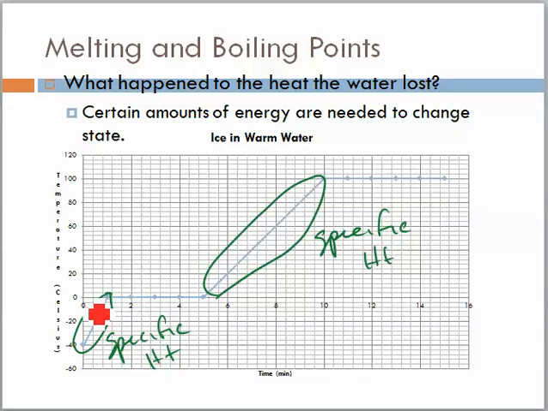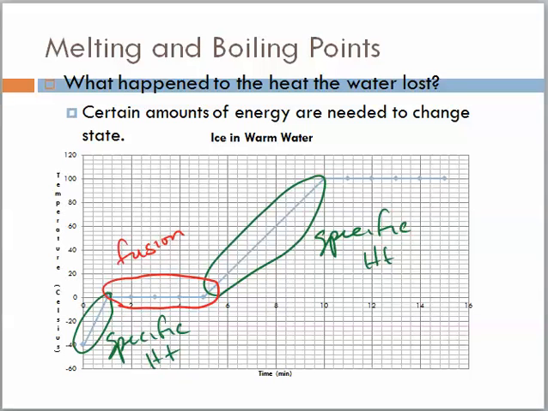But from here, notice it's at 0 degrees Celsius, and for a certain amount of time, it stays at 0. Well, what is this? This is fusion. The water is gaining energy, because it's still got the Bunsen burner underneath it, so it's still gaining heat or energy. It's just not changing temperature. So what's happening? Well, it's melting. As it gains energy, it's going through this process, and it's changing state.